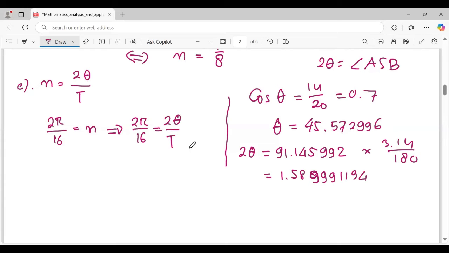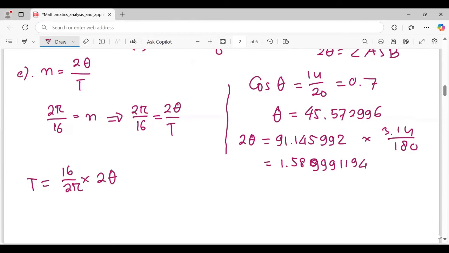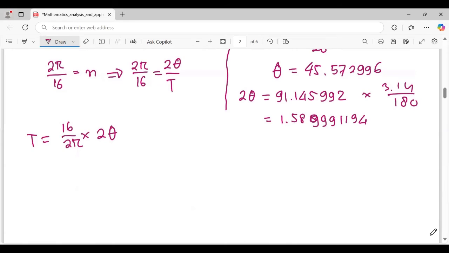So let me look at this formula. If you're going to find t, how do we get t? If t is the subject of this formula, it means t equals 16 over 2 pi times 2 theta. But 2 theta should be in radians.